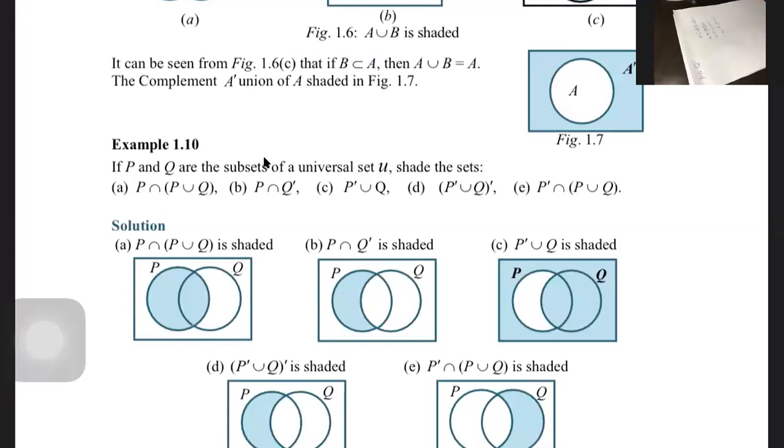So now let's move on to our initial question. So P intersection Q complement. Please, sir, if you have A and B, can you say that A complement is equal to B?